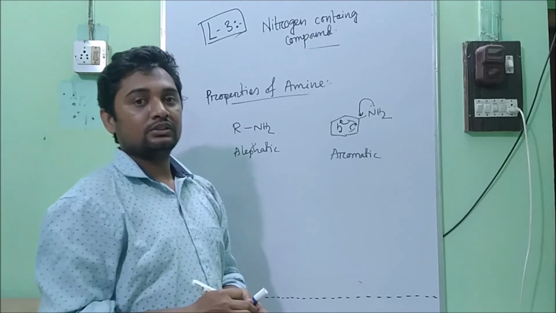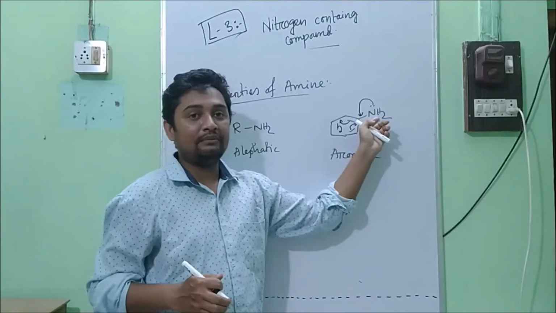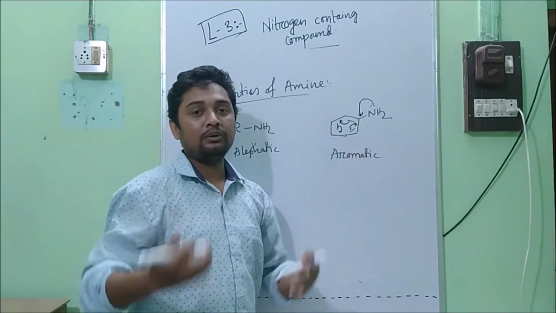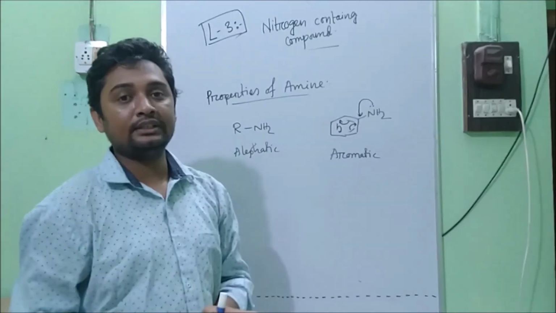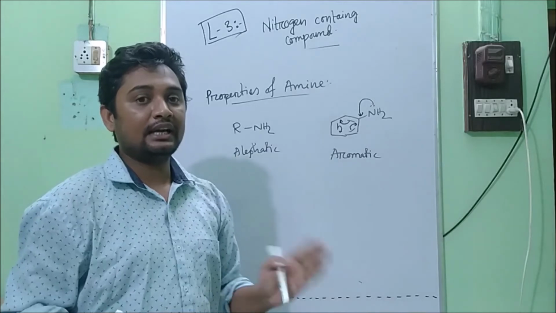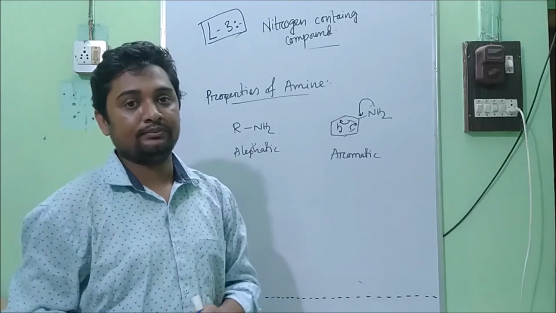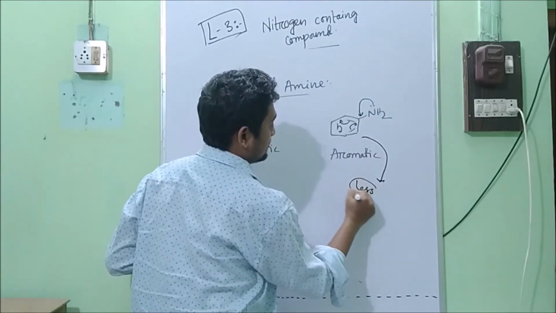If the lone pair is not available on this nitrogen atom, how will it donate? So its tendency to donate the lone pair will reduce, and because of this reduction, its basicity will be less.